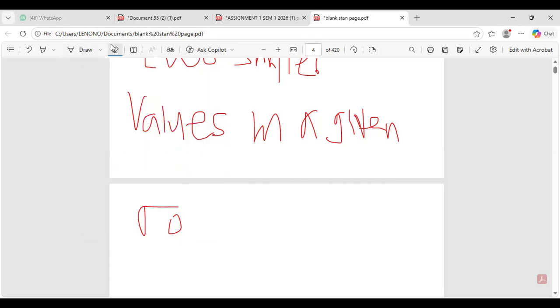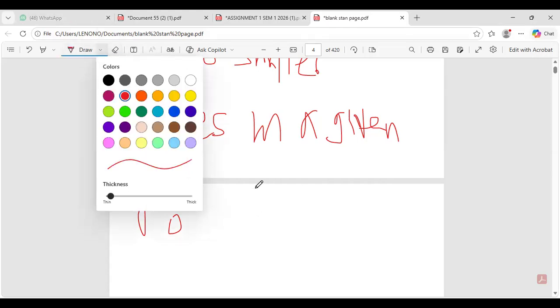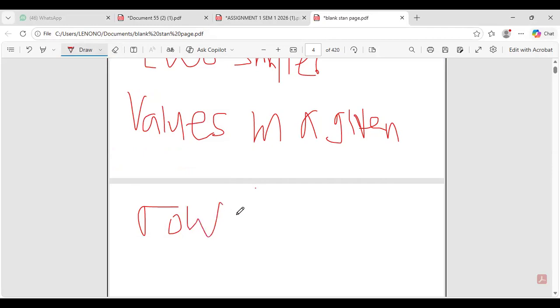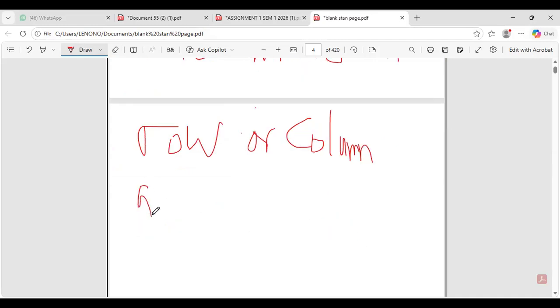Okay, so that's what we have: in a given row or column, and subtract them.